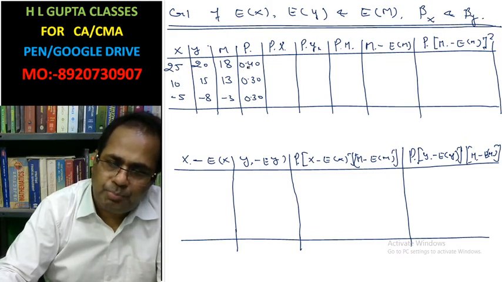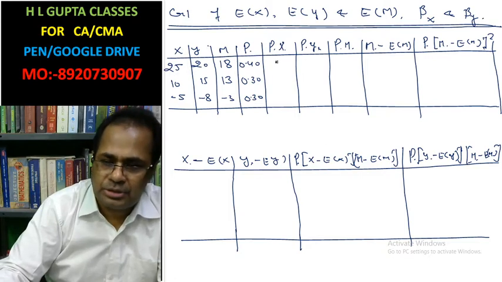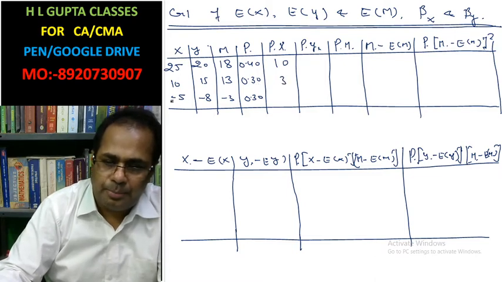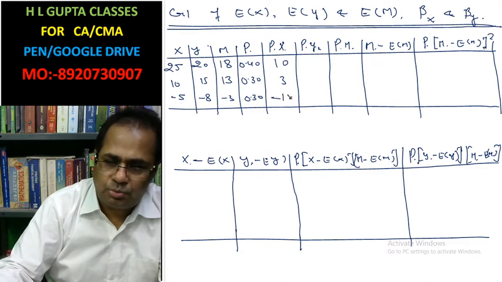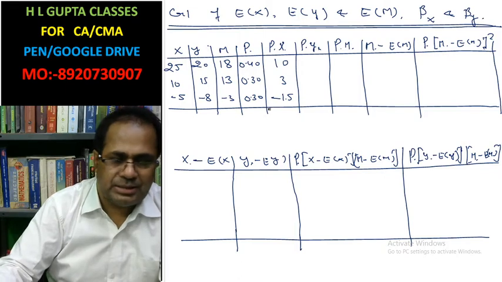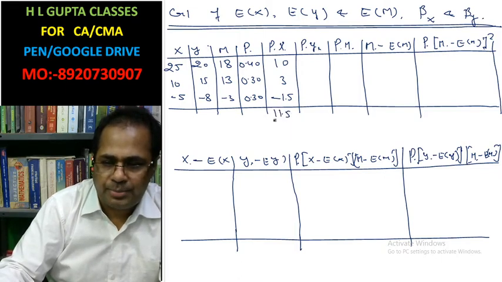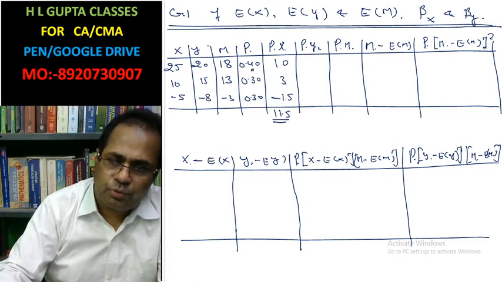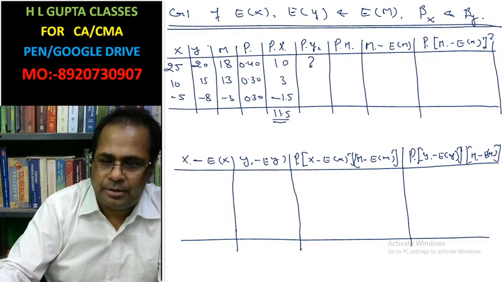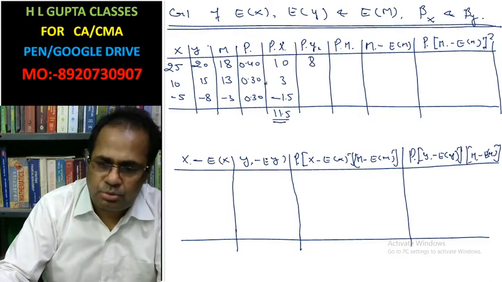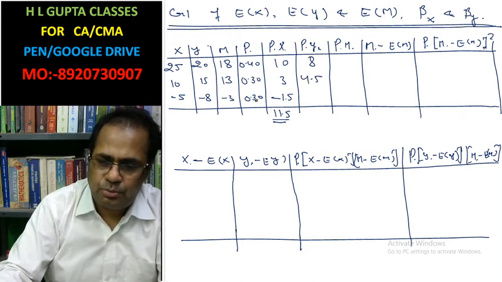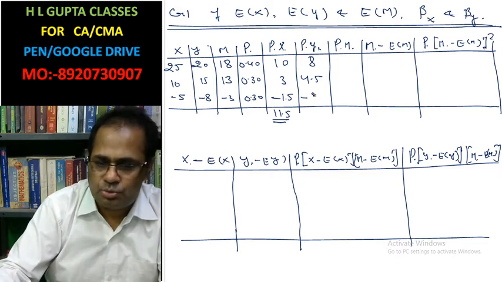Now 25 multiply with 0.4, this is 10. 10 into 0.3 is 3. Minus 5 into 0.3 is minus 1.5. After adding this, you will get 11.5. Similarly, Pi Yi: 20 into 0.4, this is 8. 15 into 0.3, 4.5. Minus 8 into 0.3, minus 2.4.